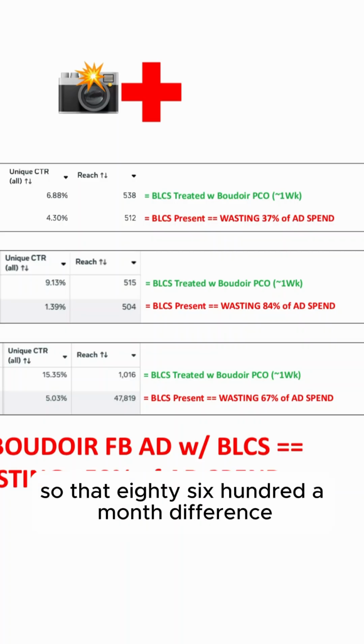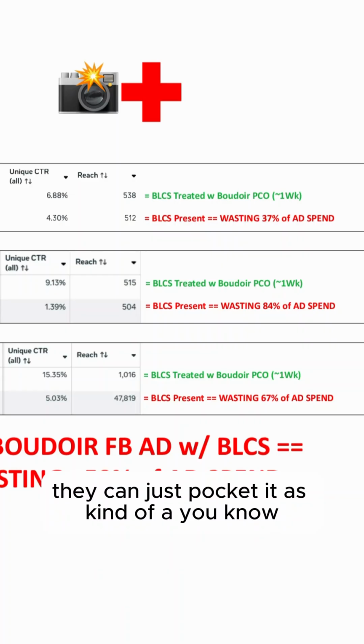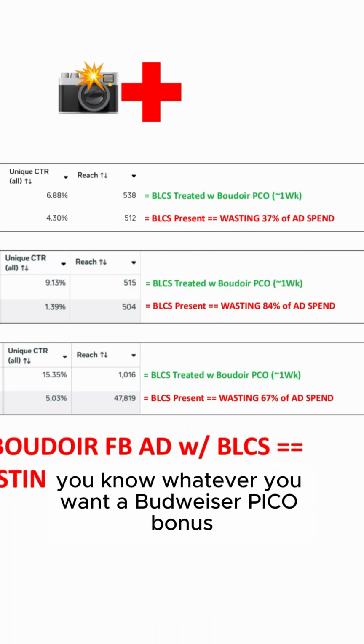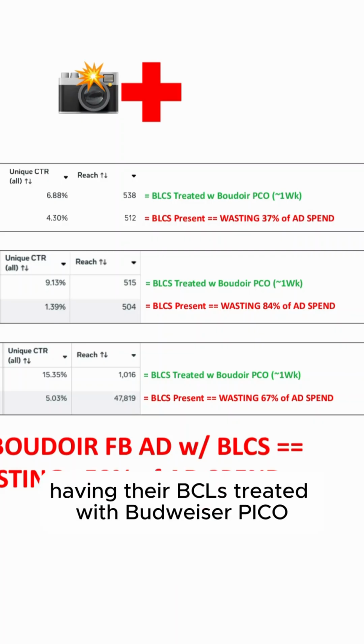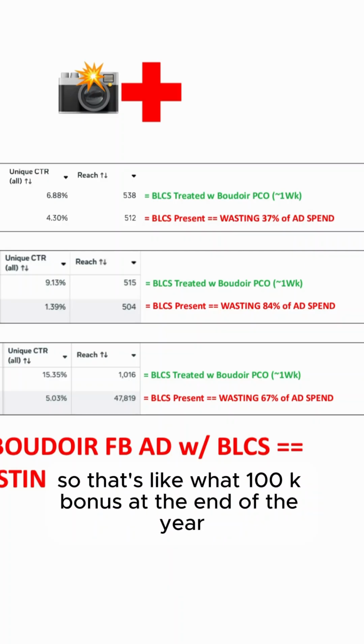So that 8,600 a month difference, they no longer have to spend it. They can just pocket it as kind of a phantom bonus, whatever we want, a Boudoir Pico bonus, simply from having their BLCS treated with Boudoir Pico. So that's like what, 100K bonus at the end of the year.